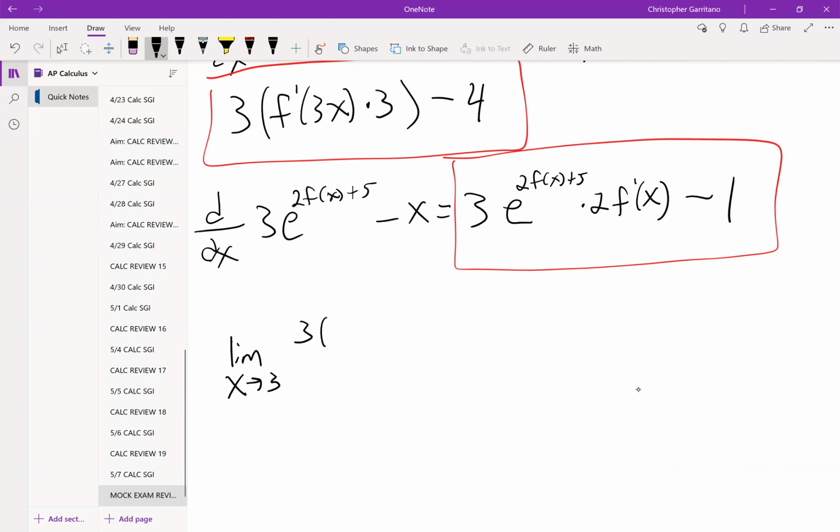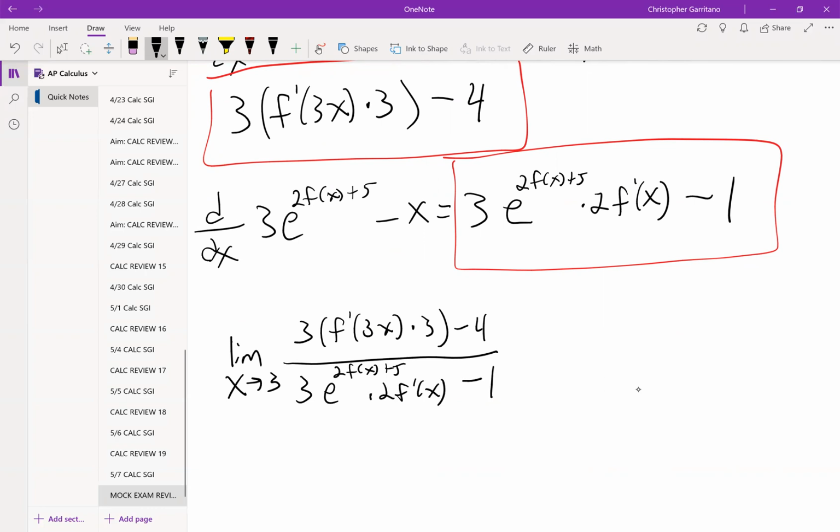So I have 3 times f prime of 3x times 3 minus 4, all over 3 times e to the 2 times f of x plus 5, times 2 times f prime of x, all that minus 1. All right. Now it's just a matter of direct substitution.